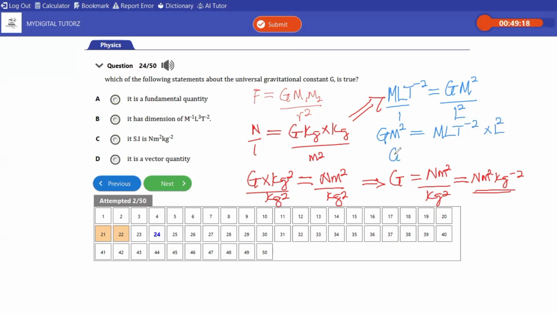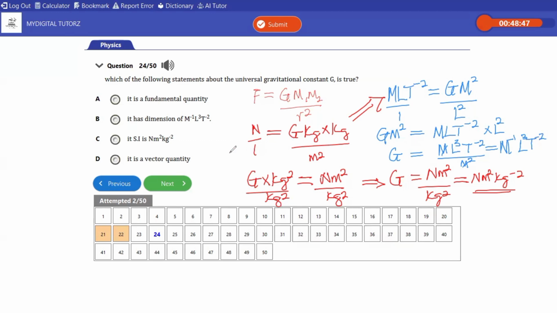So G now will be equal to M L raised to power 3, since L raised to power 1 multiplied by L raised to power 2 becomes L raised to power 3, T minus 2, all over M squared. So we cancel M. It now becomes M raised to power minus 1, L raised to power 3, T raised to power minus 2.